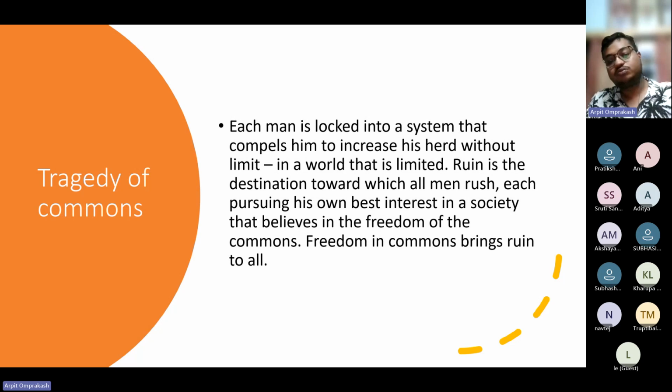And so this gives rise to a vicious cycle where we keep pushing the resource or the area, as in this case the grassland, to its limit. And after that, all of us suffer a very big negative consequence.